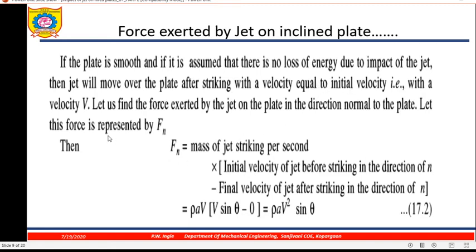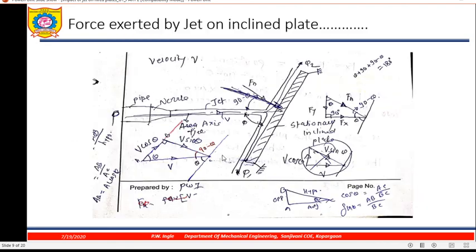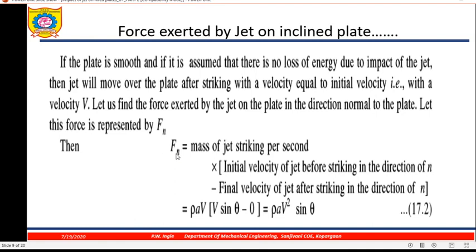Now we'll calculate the normal force. This is the normal force. What is Fn? Apply the impulse momentum principle in the normal direction. F equal to m by dt in bracket velocity difference. So it is mass of jet striking per second in bracket initial minus final. Why initial minus final? Because the jet has impact on the plate.